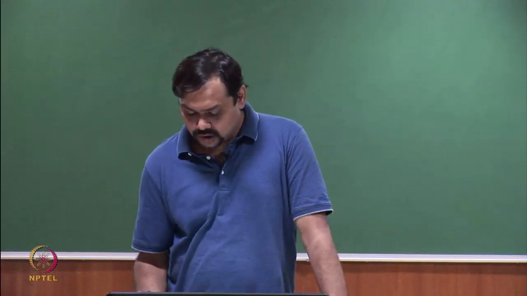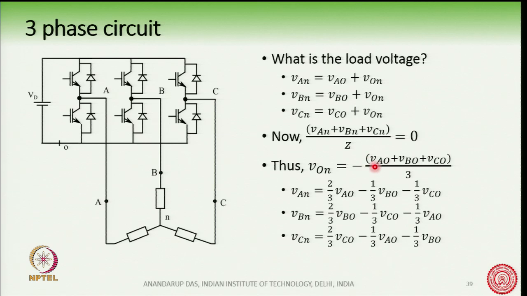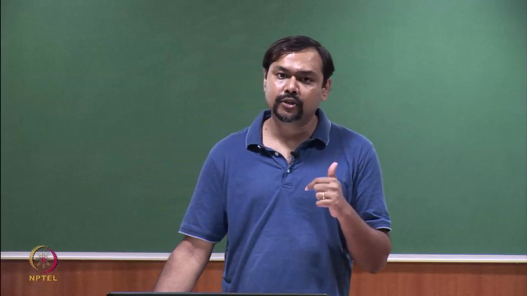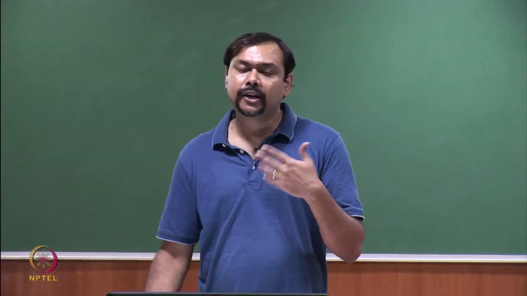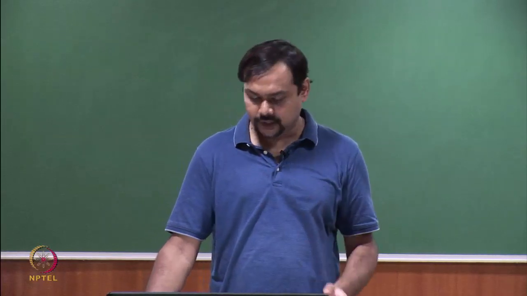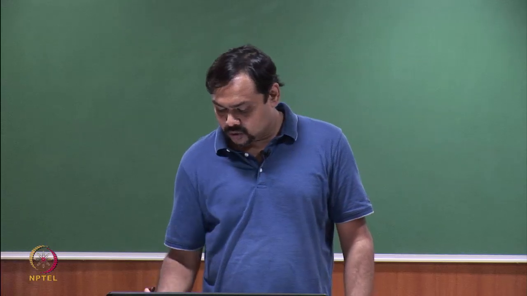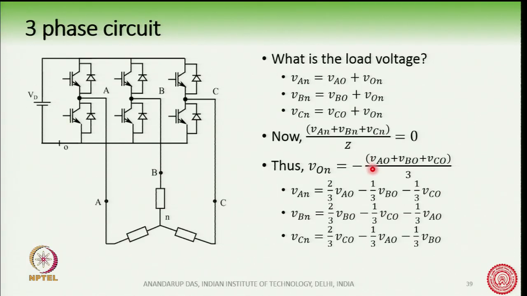And why is it so? Because you see the VAO, VBO and VCO voltages can take only two values. VAO can take values 0 and VD, VBO 0 and VD, and VCO 0 and VD. So, out of these three, one will always be VD.